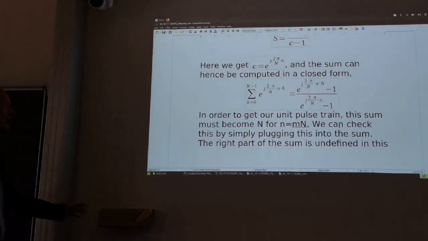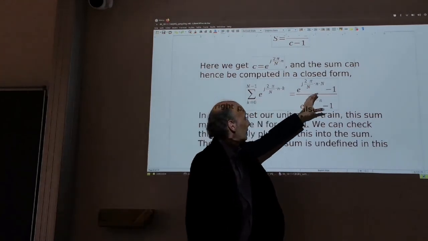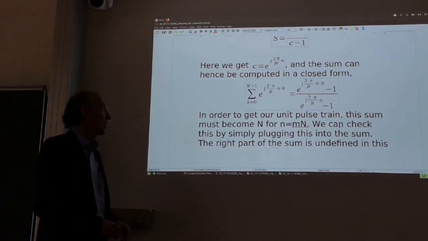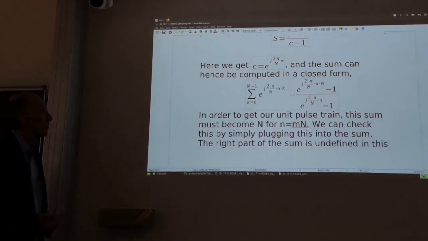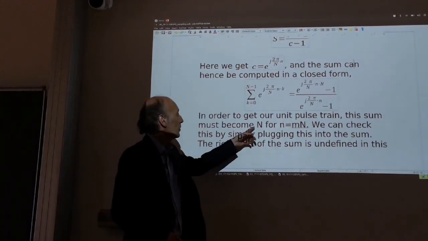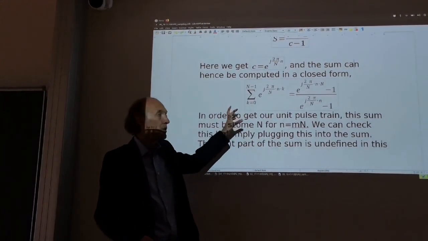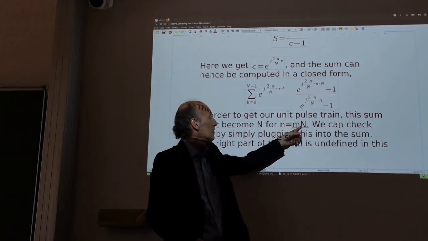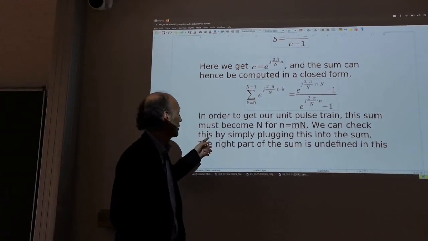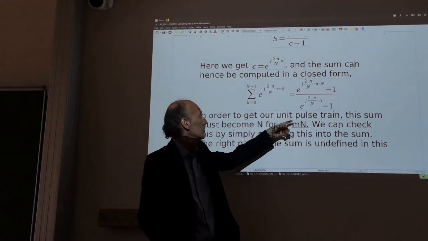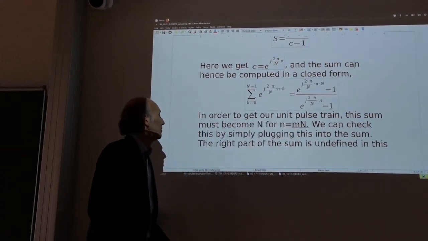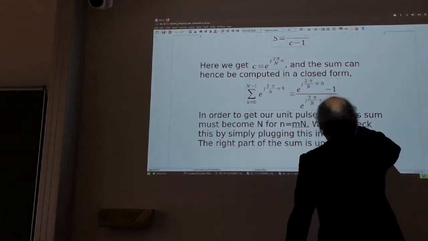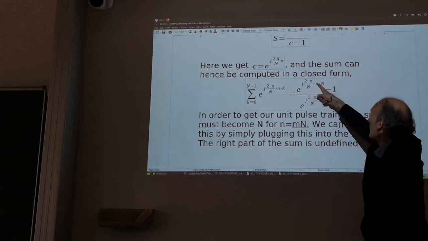Yeah, so this is our closed form solution for this. And now we can check. So this sum must become n, because I dropped this 1 over n, for n equals mn. Right? And we can check it by simply plugging it into the sum here. So here this becomes mn.